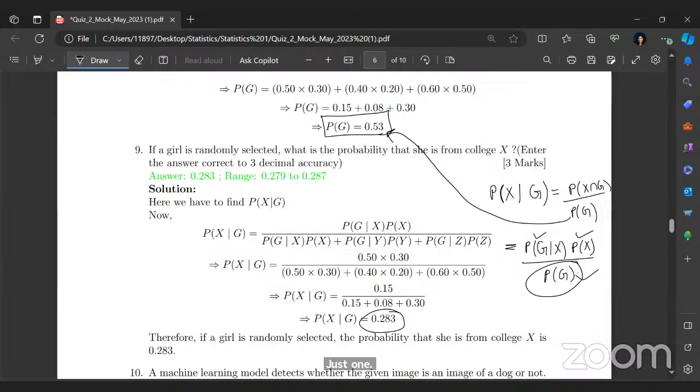Now let me go back to the previous question. Ma'am, can we do this question by probability tree diagram method or not? Yes, ma'am. Okay, if you use tree diagram, how will you proceed? Ma'am, let total students be 100.